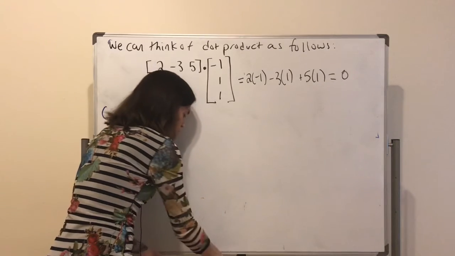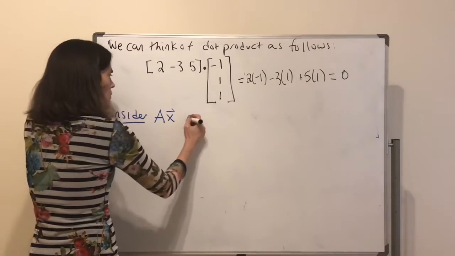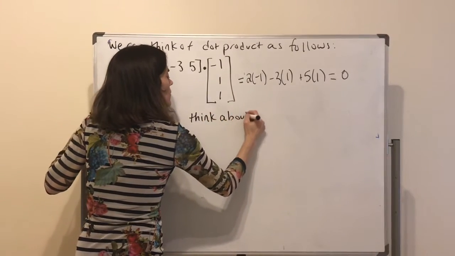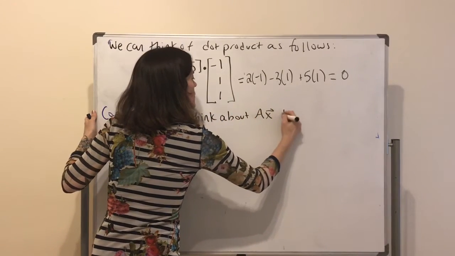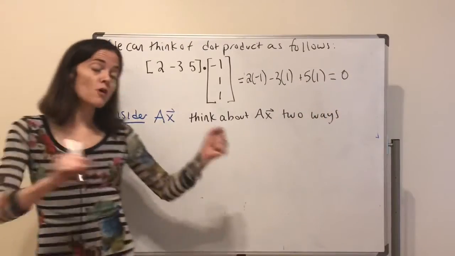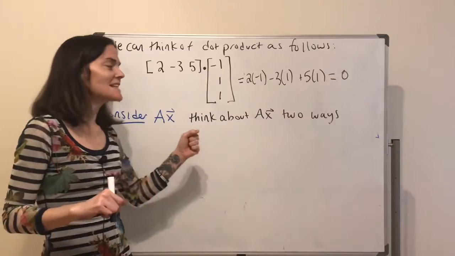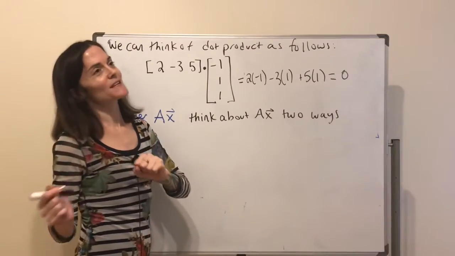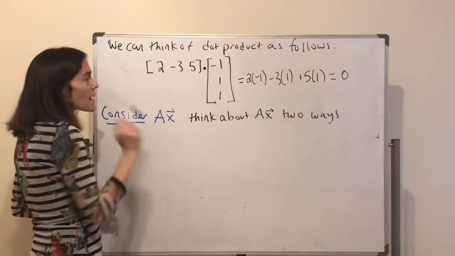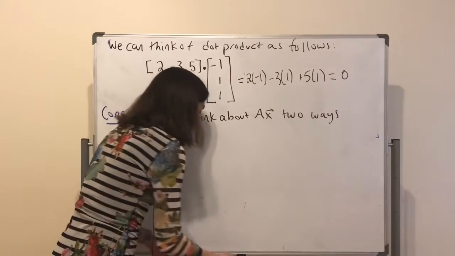In fact, there are two ways we're going to think about this, and we will think about both ways today. We're going to have a row version of what is A times x, and a column version. So first, let's start with the one that's more related to dot product, which is the row version.